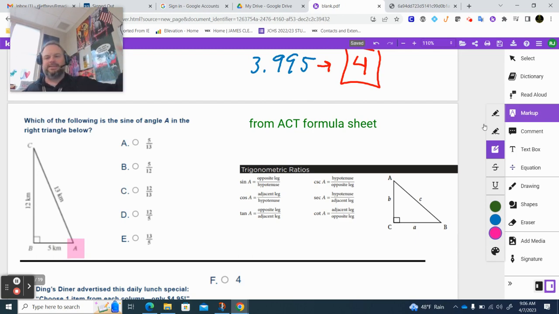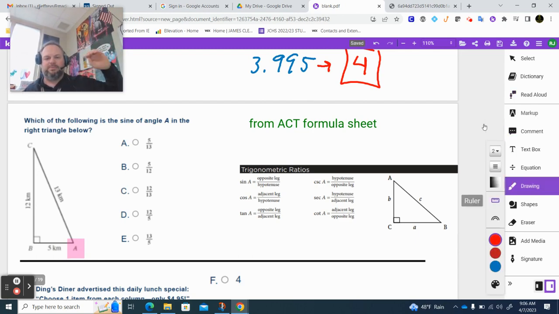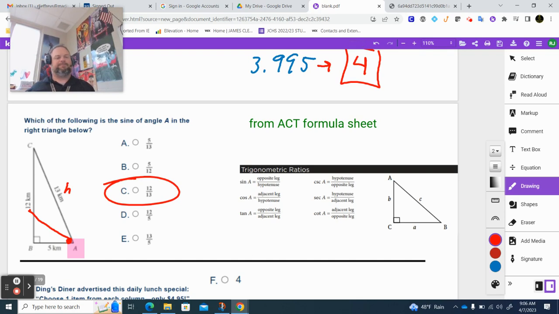When they say the sine of an angle, or any angle, it could be anything, because here's our ratios. If we're standing at this angle here, what do we have? Well, we have our opposite, because that's it, opposite over hypotenuse, and this is our hypotenuse, C. They give you more information than you really need. This 5 kilometers right here is just there to throw you off.